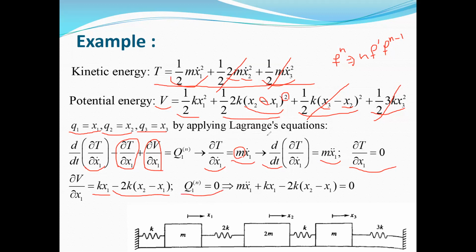Then we can substitute into the Lagrange equation: instead of this term, we have m x1 double dot. The partial derivative of T with respect to x1 is 0, and the partial of V with respect to x1 is this term, and we can substitute and extract the first equation. So this is the first equation, and now we need to calculate the second and third equation by using the Lagrange equation.